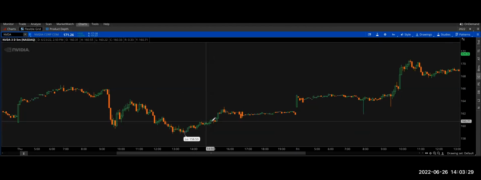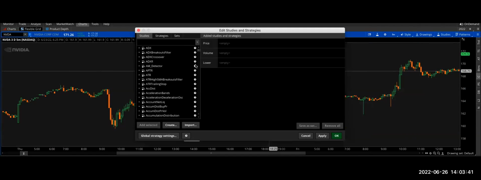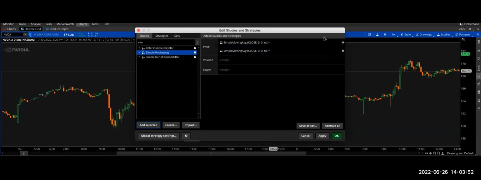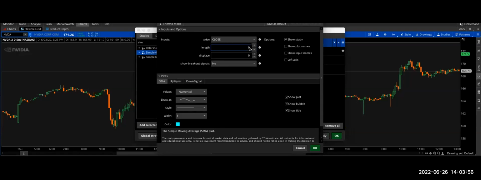So on Friday, or sorry, Thursday, I look at the high, and let me put in the moving average here because this is how I really do it. And I'll put in the simple moving average, so it keeps it simple for you guys. This is part of the box.